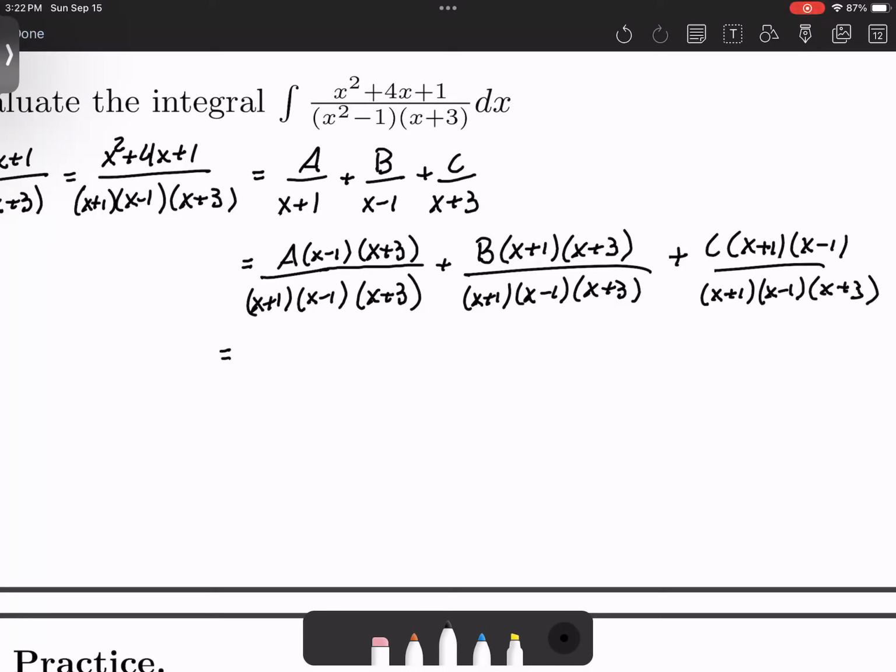Now that we have the same denominator, we can write it as one giant fraction.